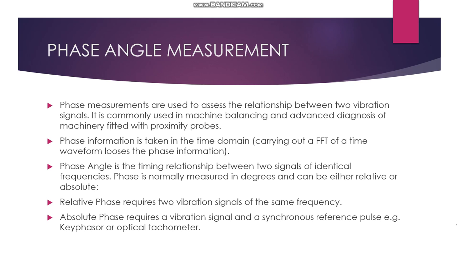Phase is normally measured in degrees and can be either relative or absolute. Relative phase requires two vibration signals of the same frequency. Absolute phase requires a vibration signal and a synchronized reference pulse, for example, a keyphasor or optical tachometer.